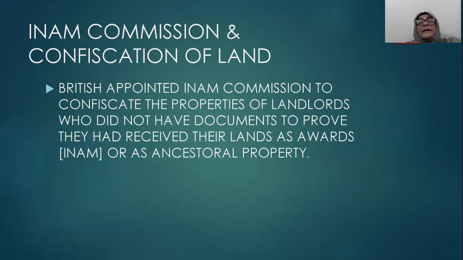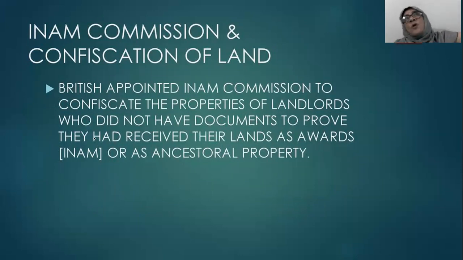The British appointed a Commission to confiscate the properties of landlords who did not have documents to prove that they had received their lands. It was the same agrarian policy that I told you about.